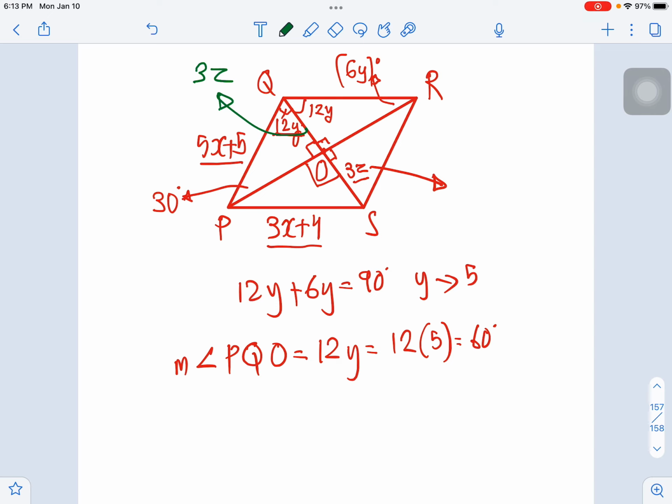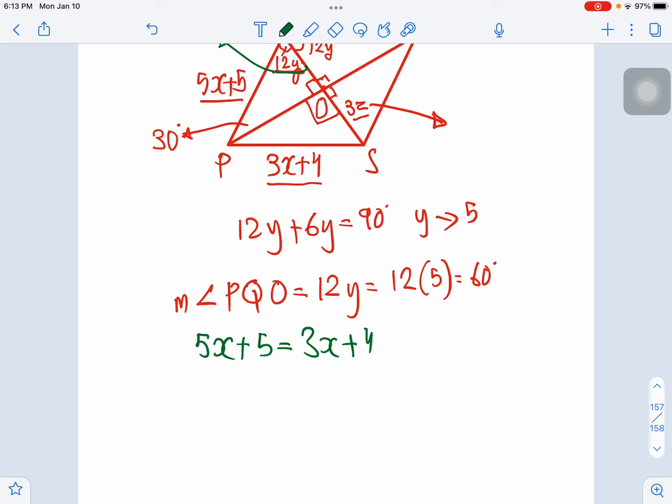Before we proceed to z, let us use another property for a rhombus, which is that adjacent sides of a rhombus are equal in length, and therefore we can say 5x plus 5 equals 3x plus 4, and that gives you 2x equals negative 1, and that gives you x equals negative half.